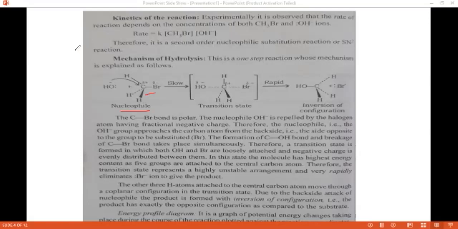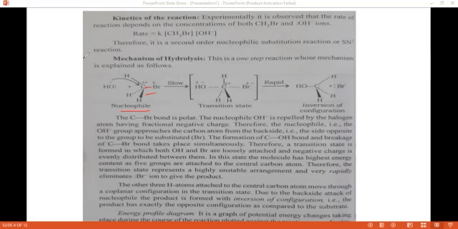The bond between carbon and bromine is a polar bond because bromine is more electronegative than the carbon atom. So bromine carries a partial negative charge and carbon carries a partial positive charge. Now in this reaction, OH minus is the nucleophile.